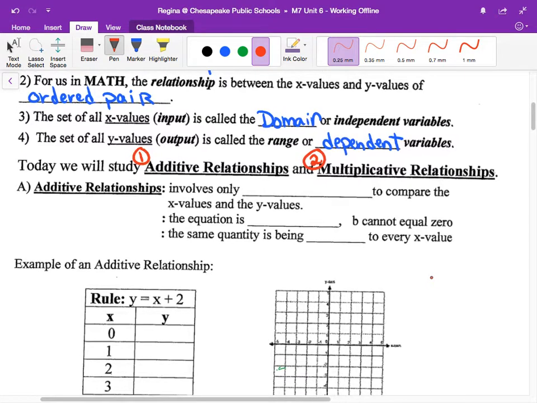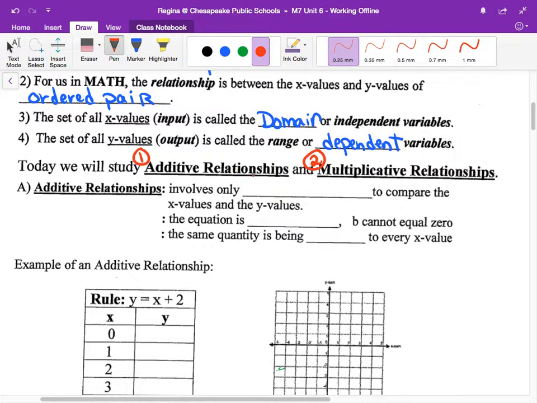All right, let's look at just additive relation first. Additive involves only addition or subtraction. Even though they just call it additive relationship, they don't call it a subtractive relationship, because by this point you're supposed to understand, let me just do an example, 1 plus -3 is the same thing as 1 minus 3.